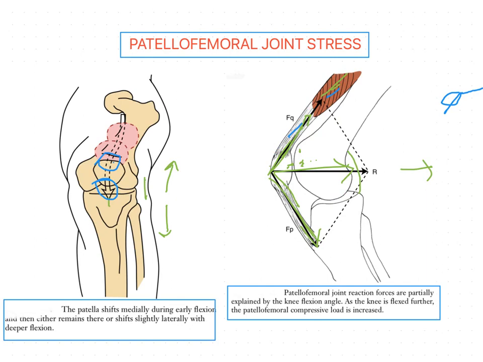Then what will happen? If the patella is positioned more inferiorly, it is termed patella baja, and may be due to a shortened patellar tendon. Here the patellar tendon is short, so it sits inferiorly. So with patella baja, the contact between the quadriceps tendon and the femoral condyles occurs earlier in the range, resulting in a concomitant reduction in the magnitude of the patellofemoral contact force.